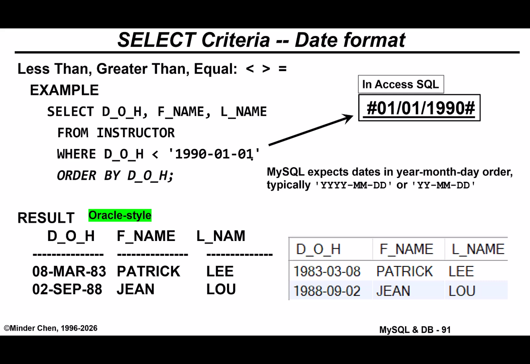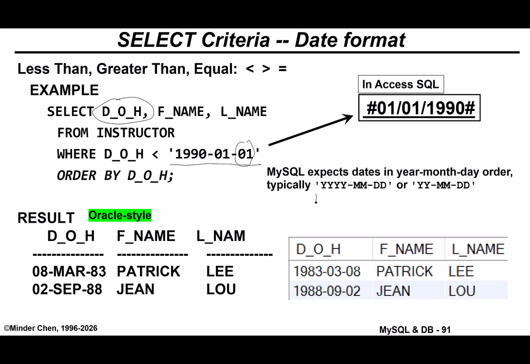If you have a datetime column here, like date of hire, the day the employee got hired, the reason we record this is because we know how many years the employee has worked for us. In MySQL server, you use the ISO standard format for dates. So this is the year 1990, hyphen, 01 means the month, and then followed by the day.